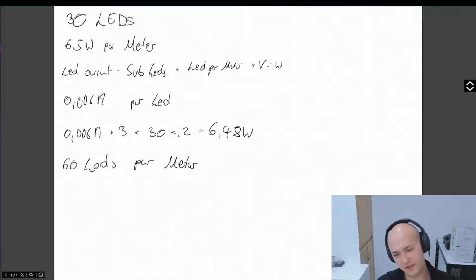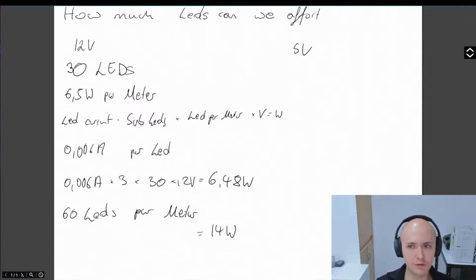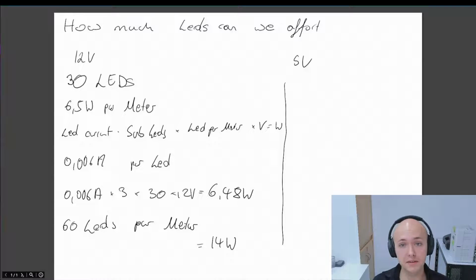The formula is the same, except we use 60 instead of 30. So with the same formula, we get to roughly 14 watts, which is actually the same as the datasheet from the trader is giving us. For the 5 volt strips, I had an example and I checked it with a power supply. We have 10 milliamperes per LED, at least in the specific strip I got.